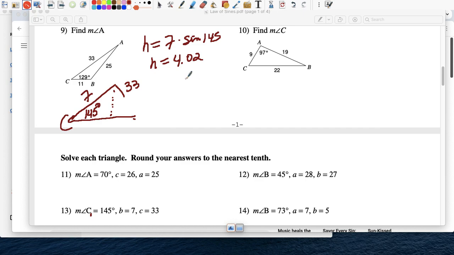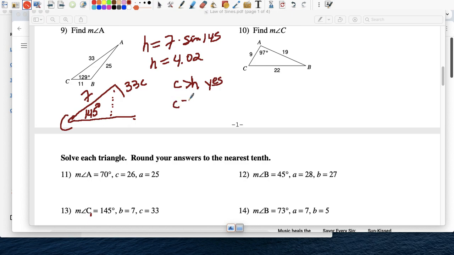Now, can we make a triangle? So again, go back to the conditions. And this is, by the way, little c. Is little c greater than the height? Yes.